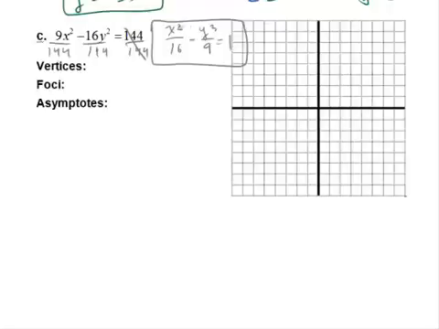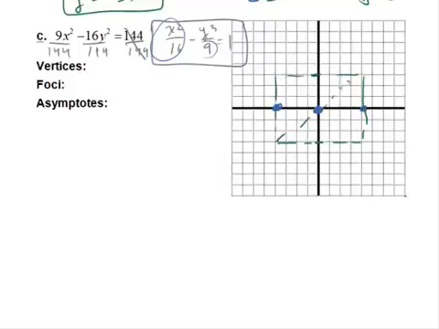And then with our first one here, we're still at 0, 0. H and K are 0 and 0. 16 is 4 units out, 1, 2, 3, 4, for our vertices. And then the 3 is going to tell us our box. So here's our box.